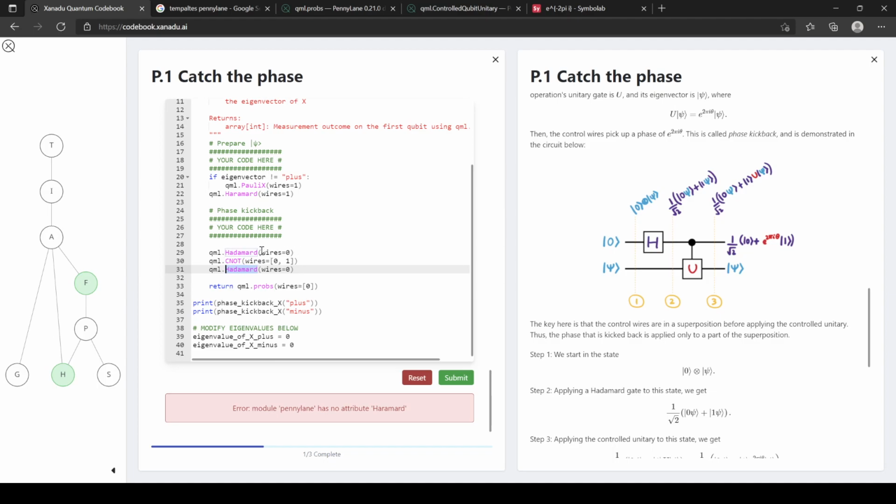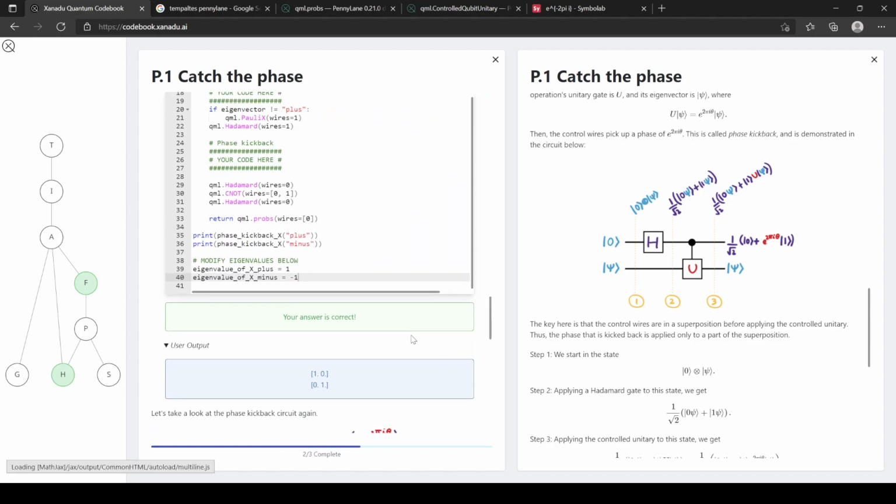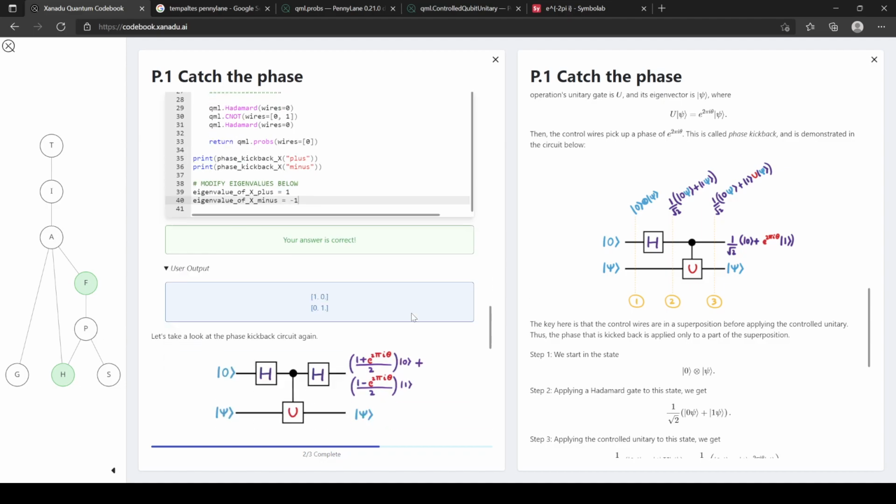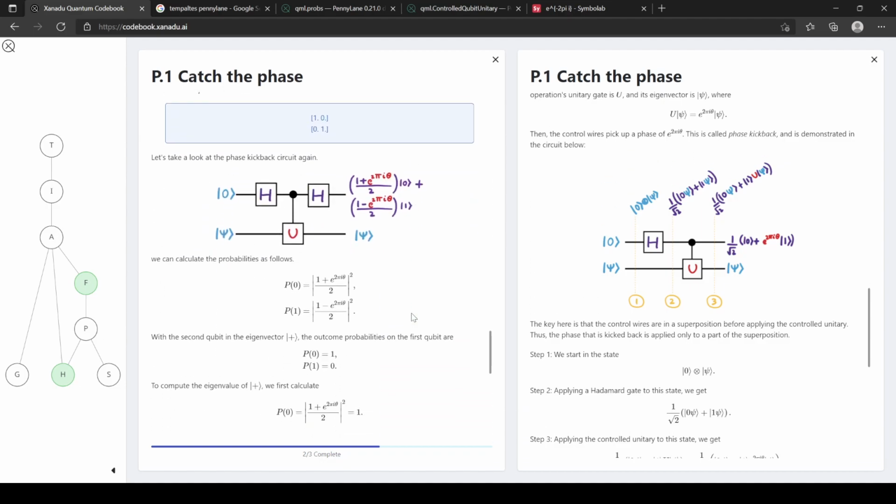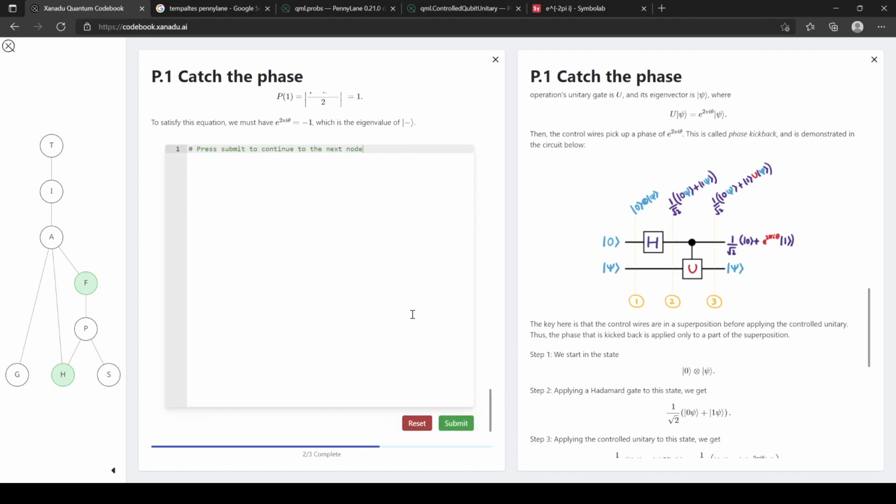I misspelled one of these. There we go. Enter the correct values. Oh, well, I know that's one and negative. Actually, I don't know if those are normalized. Oh yeah, wait, that's ridiculous. I don't know if 1 is normalized. That's funny. I'm funny. Okay. All right. This is going along nicely.